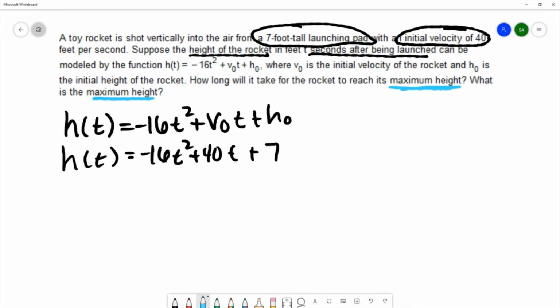So when I look at this equation, what I notice is that it is a quadratic equation because of the squared. And the graph of a quadratic is a parabola. And this one happens to be a down-facing parabola because of the negative leading coefficient. So if I'm looking for the maximum height, that will occur at this point here, which is called the vertex of the parabola.